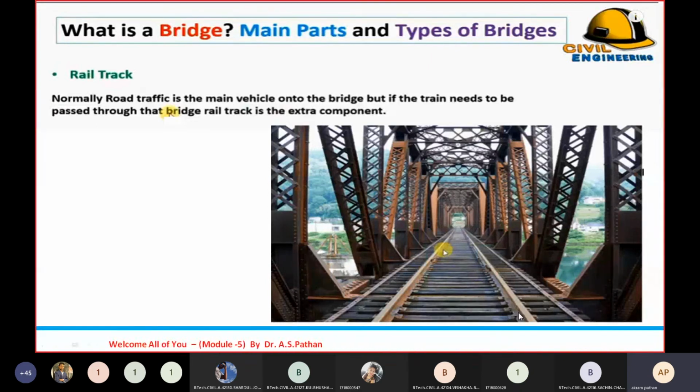So while aligning this type of bridge for the railway track also, this is another important component we look into, that is the rail track. Such a bridge is also constructed for crossing a river or valley for the railway.